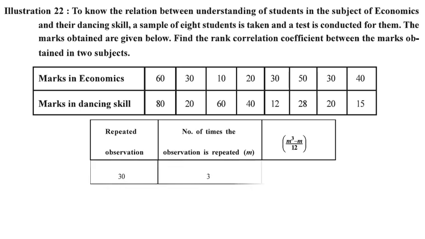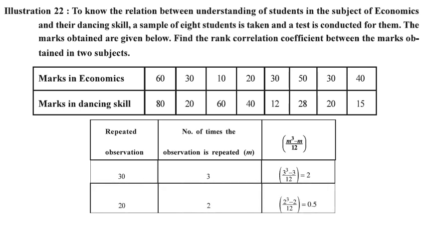The first observation is 30 which has been repeated 3 times. So its correction factor value is 3 cube minus 3 upon 12. Now 3 cube is 3 3s are 9, 3 9s are 27. Minus 3 is 24, divided by 12 is 2. So the correction factor for observation 30 is 2. Next observation was 20, which has been repeated twice. So the correction factor is 2 cube minus 2 upon 12. 2 cube is 8, minus 2 is 6, upon 12 is 0.5.